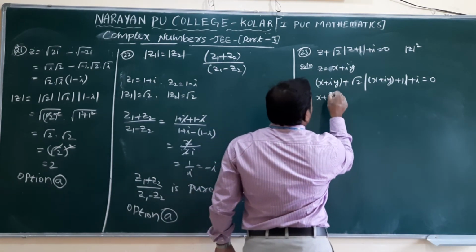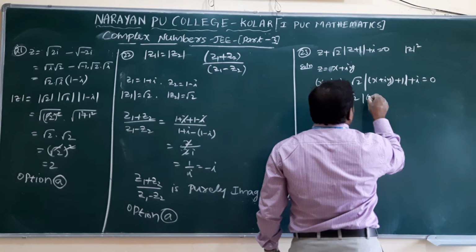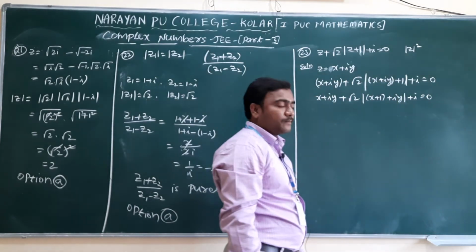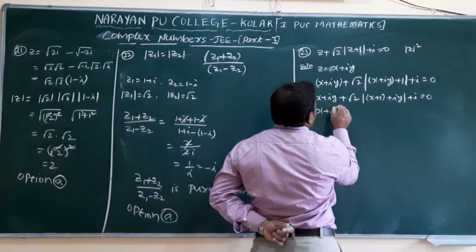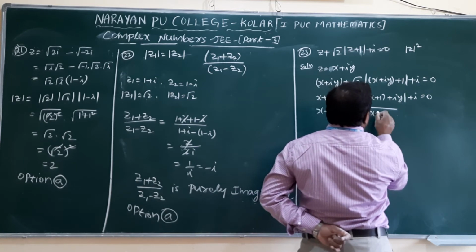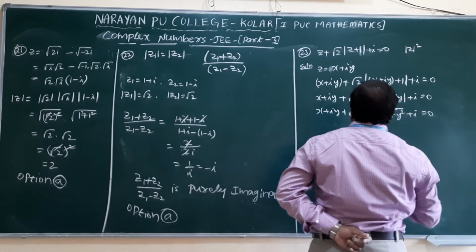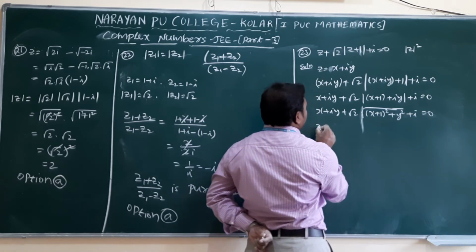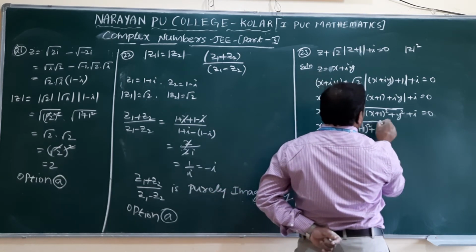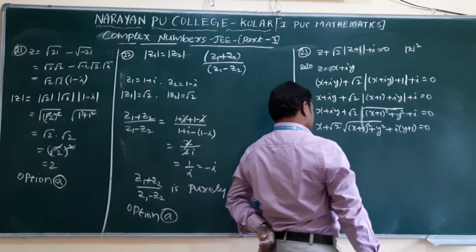Separating real parts and imaginary parts: x plus square root of 2 into square root of x plus 1 whole square plus y square, plus i into y plus 1, is equal to 0.